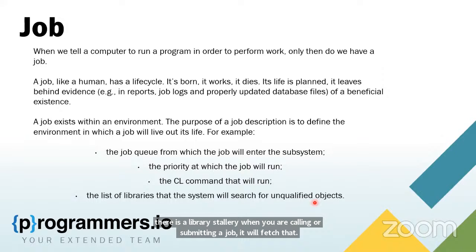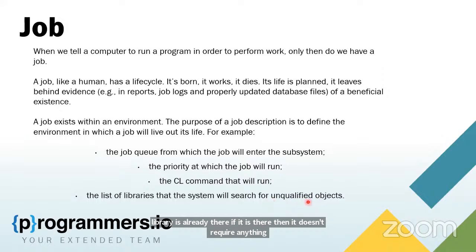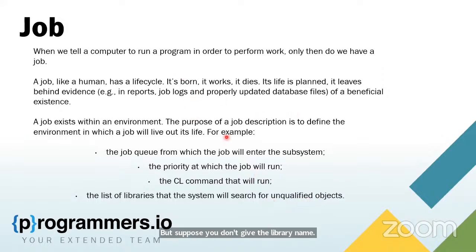If you have already qualified those objects, qualify means you are saying fetch this data from library A slash file B, so the library is already given there. If it is there, then it doesn't require anything else. But suppose you don't give the library name, then it has to look into the library list. So you can give the set of libraries that it has to look in for that file.